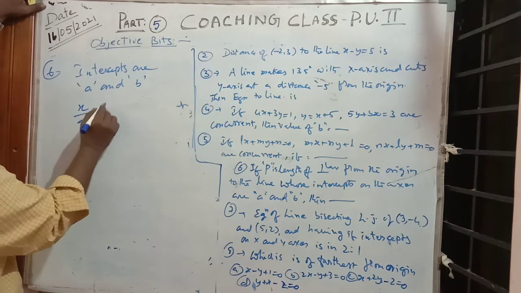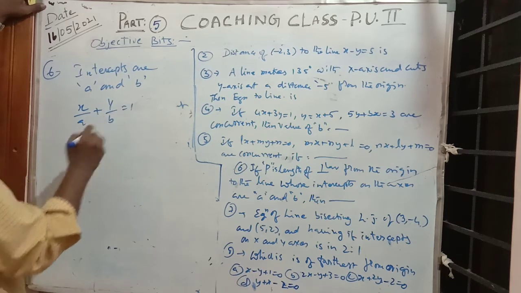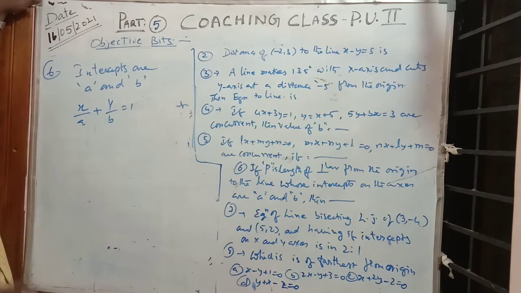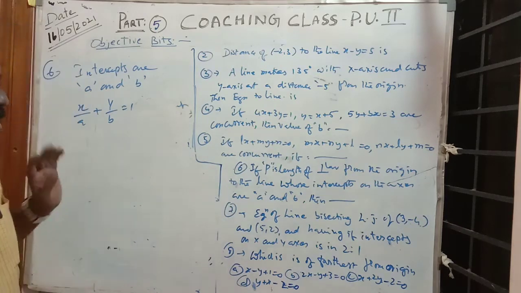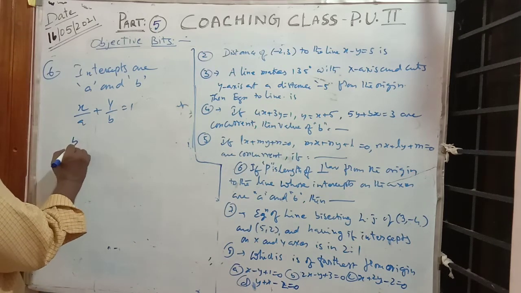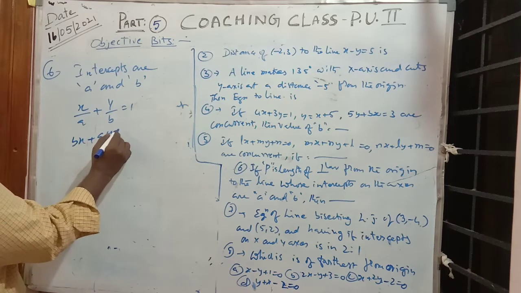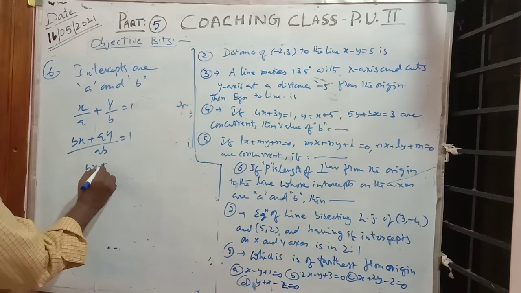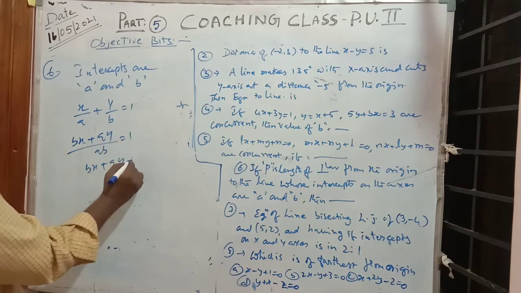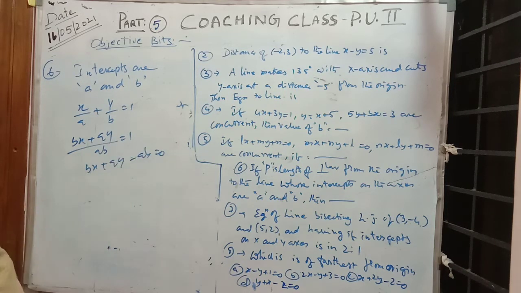So x by A plus y by B is equal to 1 is the line equation. The line equation is not directly given, okay? Intercepts are given, so we use the intercept form. That is bx plus ay by ab is equal to 1, or otherwise bx plus ay is equal to ab, or bx plus ay minus ab is equal to 0.